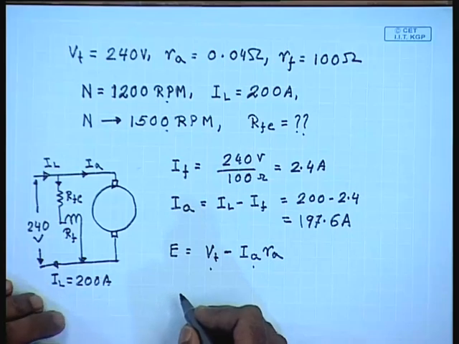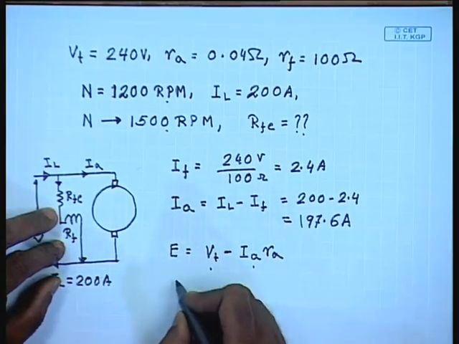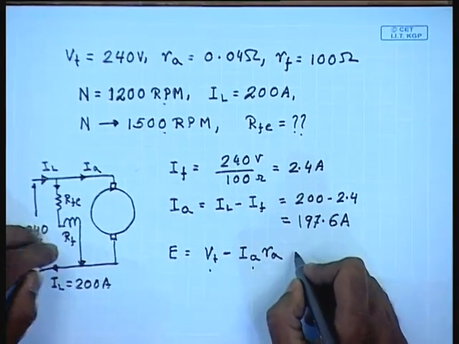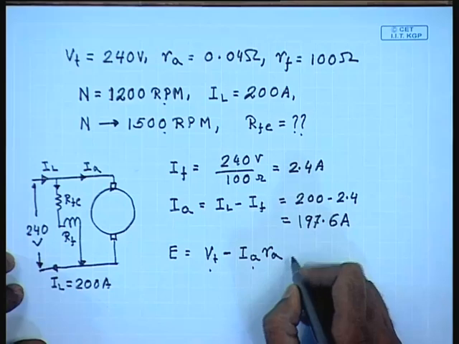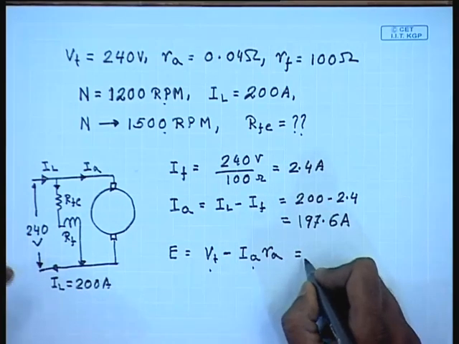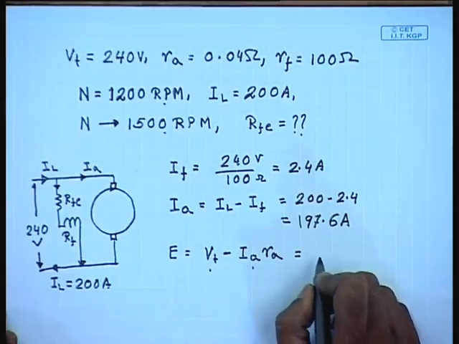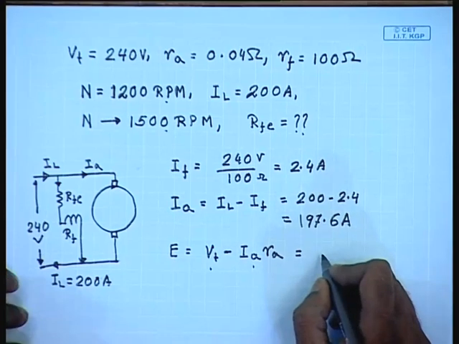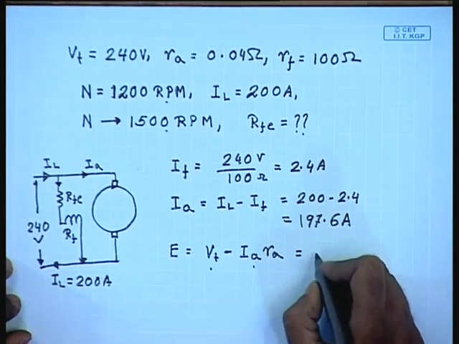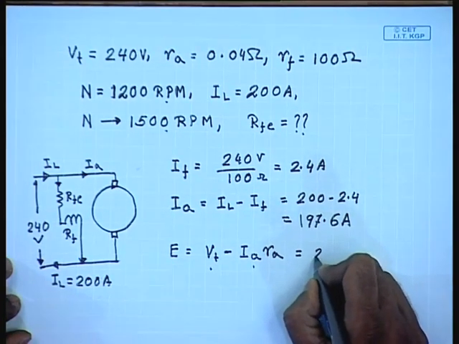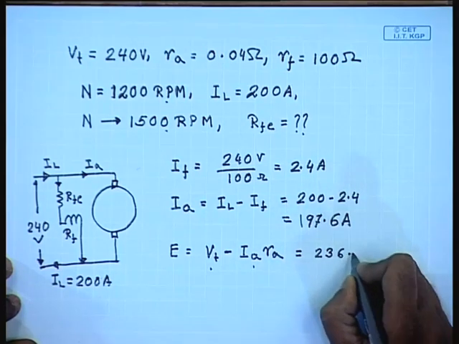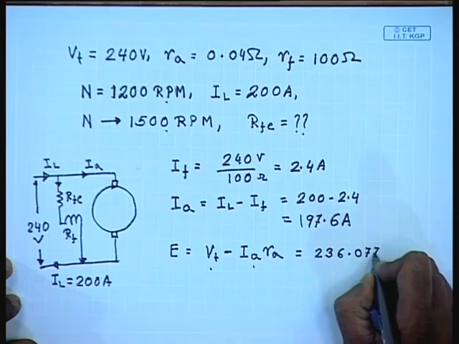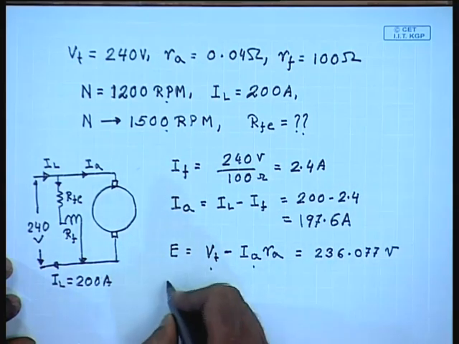So, this E comes to 236.077 volts and remains constant.